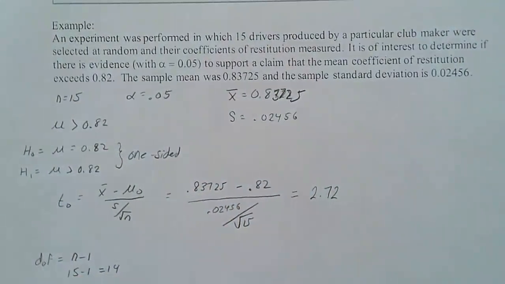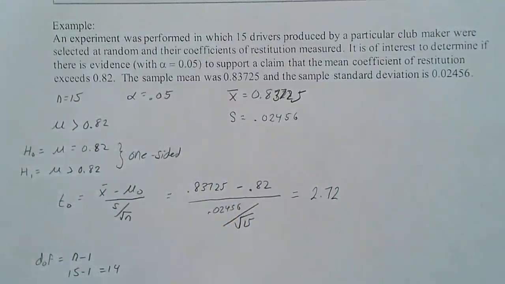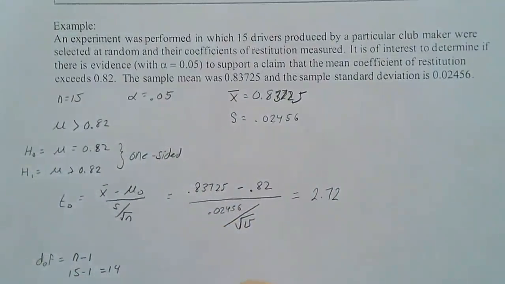We look on our chart and go across until we find a value close to 2.72, and we see that it falls between two values. At an alpha of 0.01, the t-test statistic is 2.624.